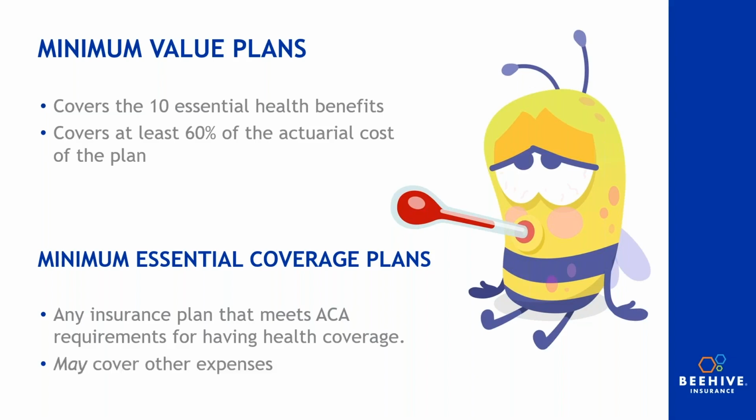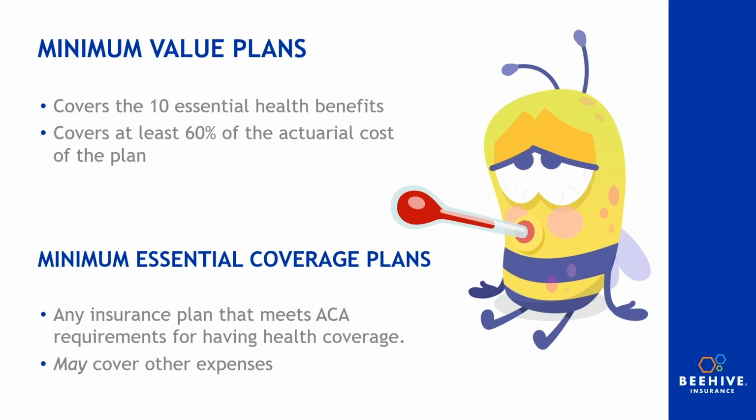They may cover other expenses. They usually do. If you are looking at the ACA marketplace, you will see catastrophic plans. Those are not minimum value plans. They are minimum essential coverage plans because they do not cover at least 60% of the actuarial cost of the plan. So you will see catastrophic plans that do cover the 10 essential health benefits, but they are not at that 60% minimum bar to be a minimum value plan.